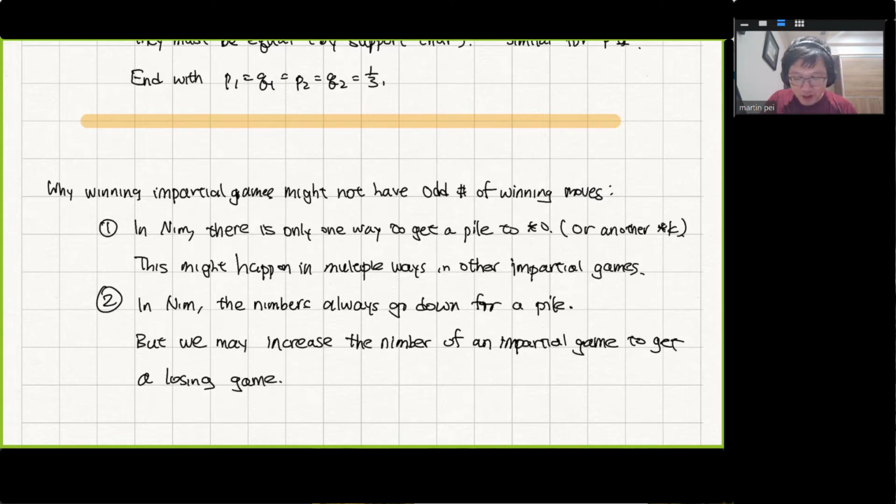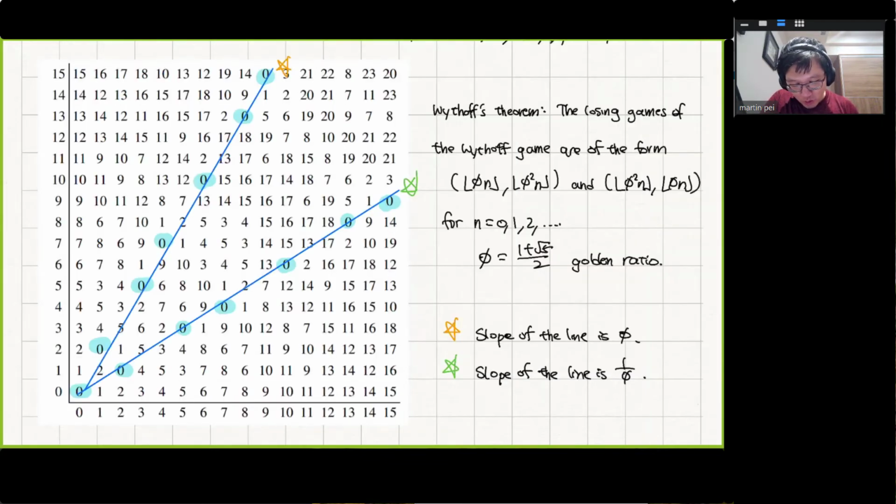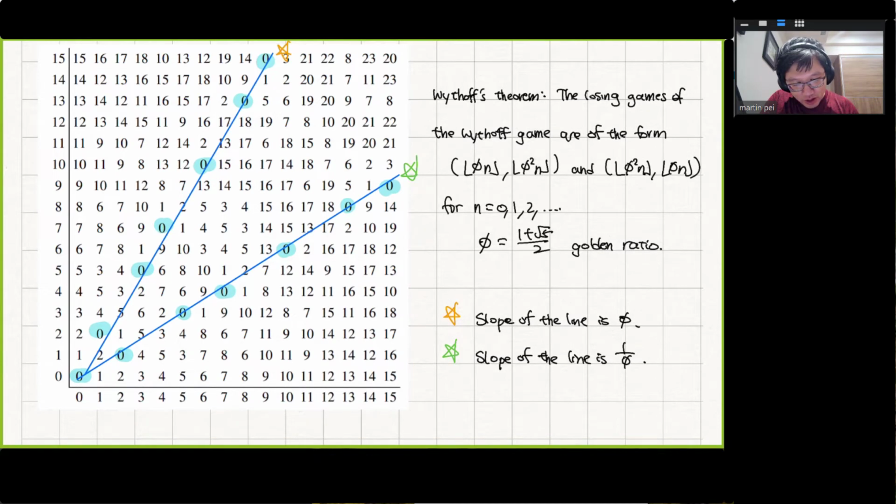This might be a little harder to come up with an example on the spot, but I've seen something like this before. Even in the Wythoff game, if you have, say, a 2 here, and it is possible to move to a 5, then you might move to 5.